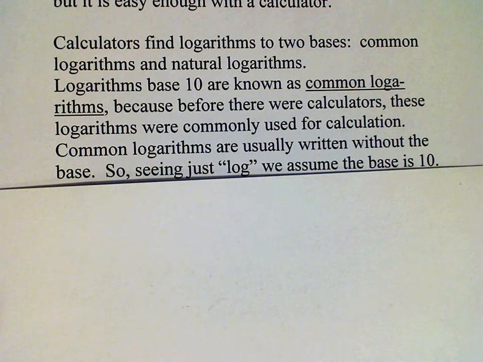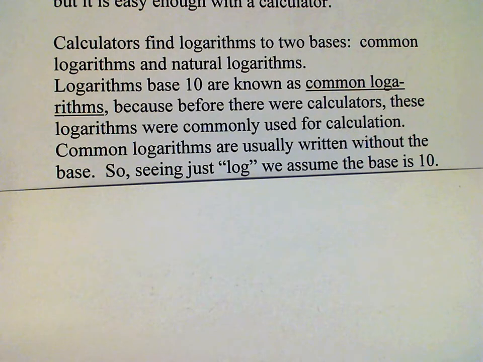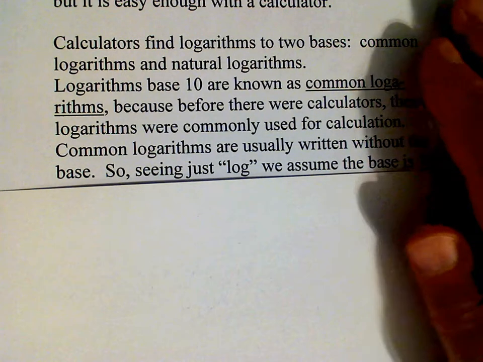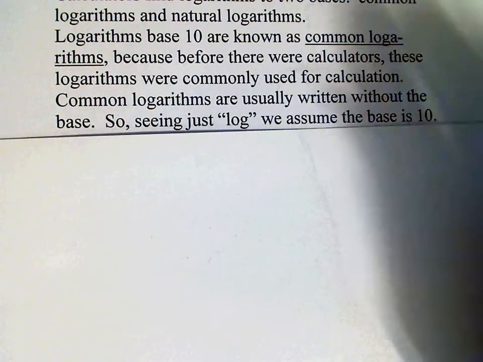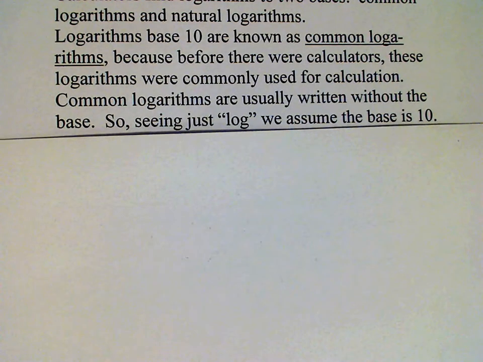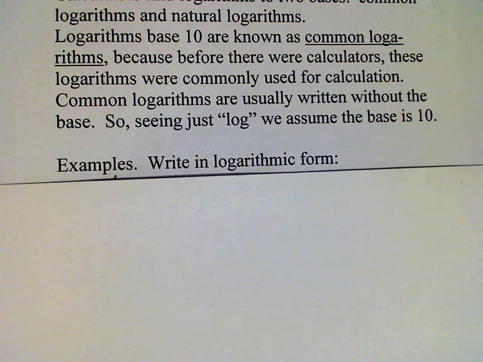And because the base 10 logarithms were so commonly used, in those days the word log was interpreted to mean log to the base 10. So if you see log without a subscript, then we're going to assume that the base is 10.